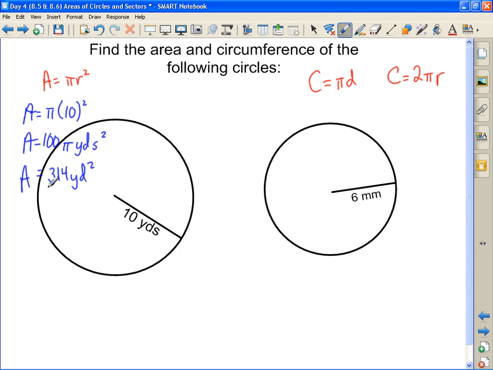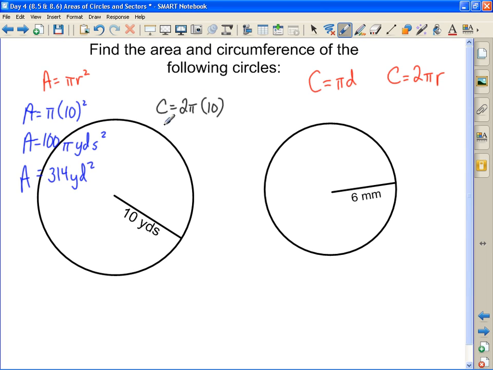And so then if I'm going to ask you to find the circumference, well, the circumference of the circle is either using the diameter times pi or 2 pi r, and I have to think, well, I'm given the radius, so I'm going to use this one over here, and so I'm going to say 2 times pi times 10.